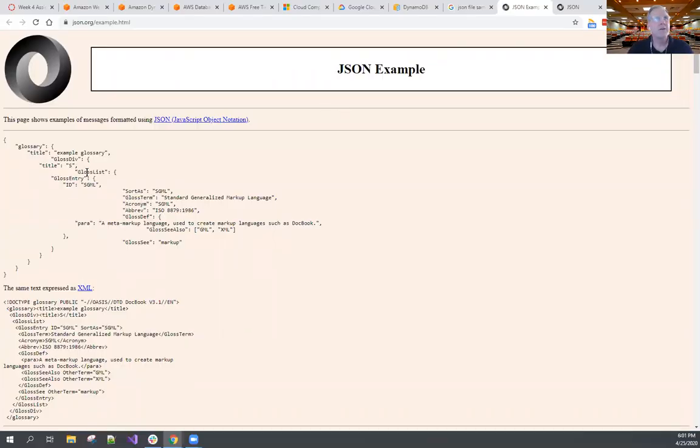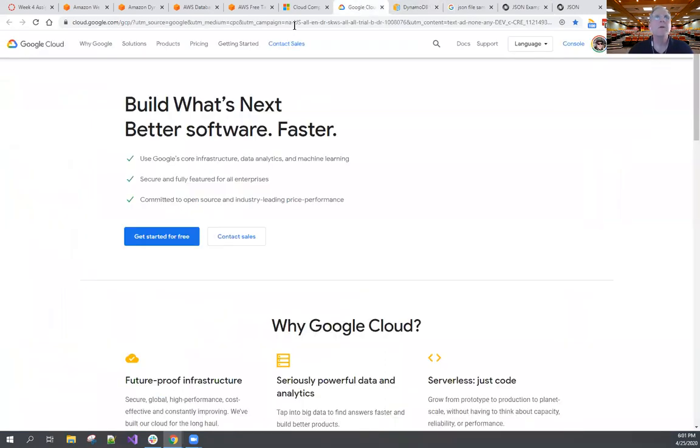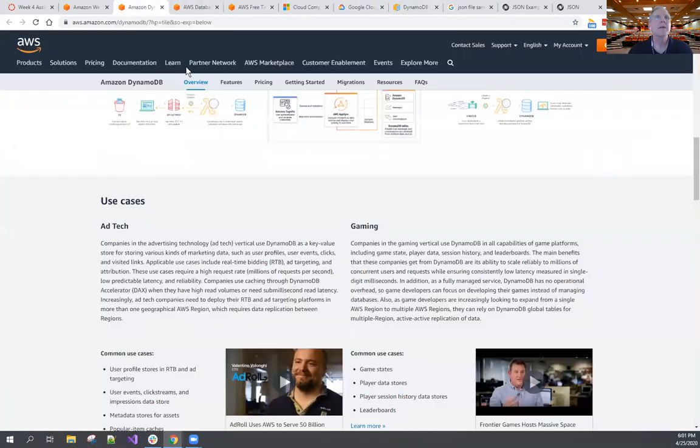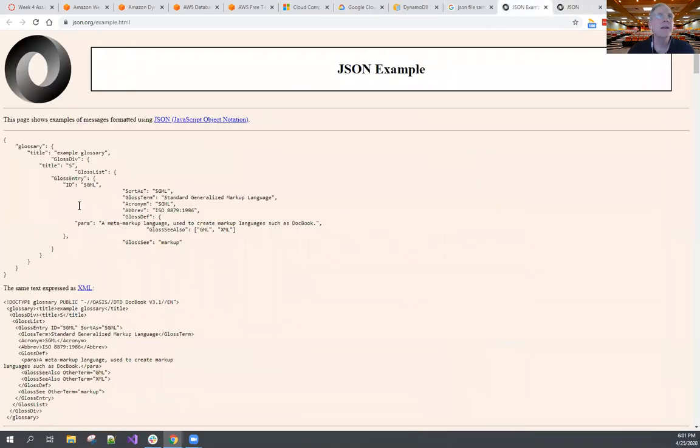So here's an example of JSON. That's the name of the object. It's made up of a title, which is made up of a gloss entry, and so on. When it talks about this key value store, there's the key and the value. The key is what's before the colon.